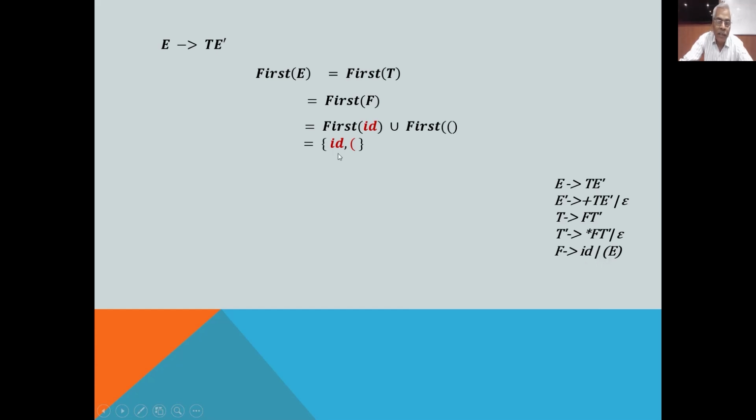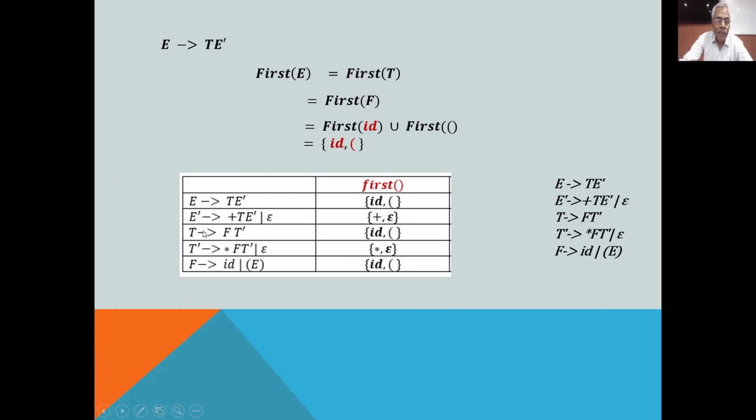So we get ID and opening bracket for this first. Finally, we get the first of all non-terminals, shown in this table. First of E is ID and opening bracket, first of E dash is plus and null, first of T is ID and opening bracket, first of T dash is star and null, and first of F is ID and opening bracket.